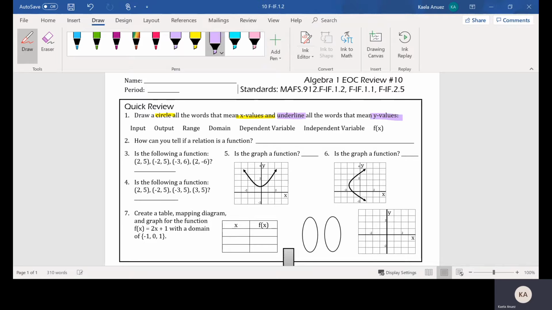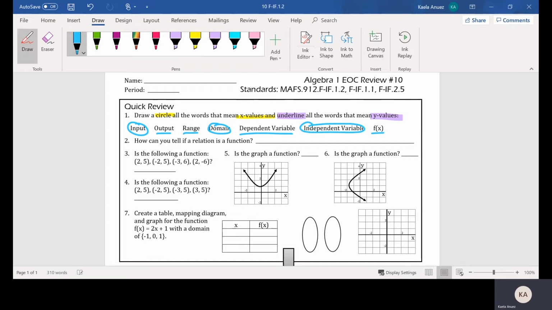So starting with the first one, input, we know that input always deals with X. Output is the opposite of input, so we know that is Y. Range, we know range deals with Y, and domain is X. Our dependent variable is Y, and our independent variable is X. We know f of X is the same thing as Y.